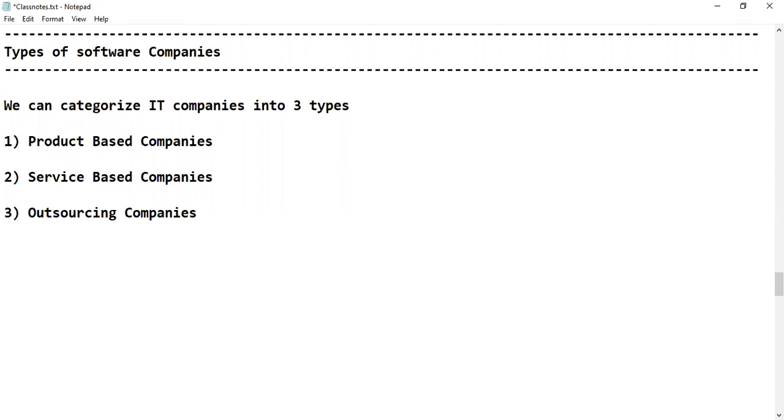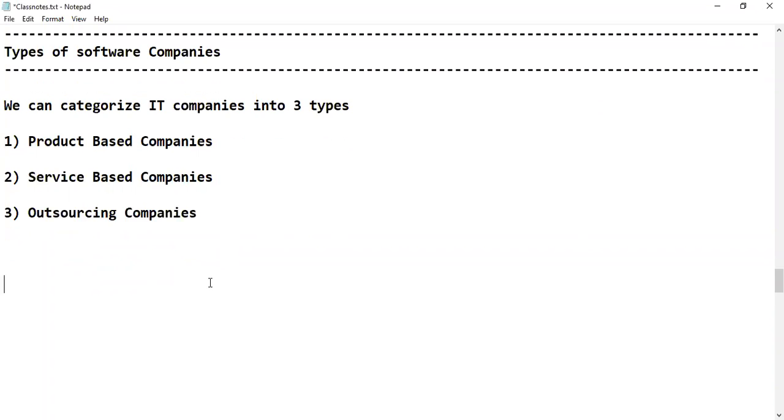Three types of companies are available in the IT industry. One is called product-based companies, the second category is called service-based companies, and the third category is called outsourcing companies.